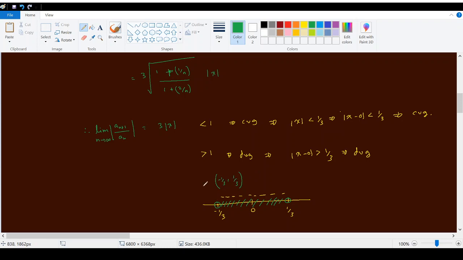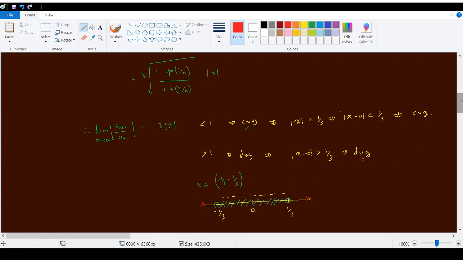So for x values within this interval, from this statement you can say that the series will converge. And then from this statement you can say when the distance is greater than 1/3. Now this is 1/3 distance, and greater than 1/3 means in this region as well as in this region, and for those values the series will diverge.